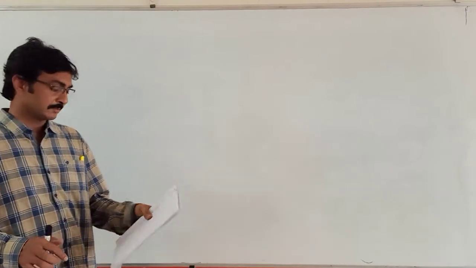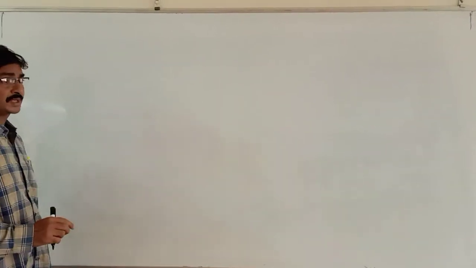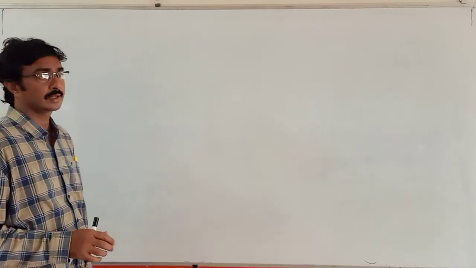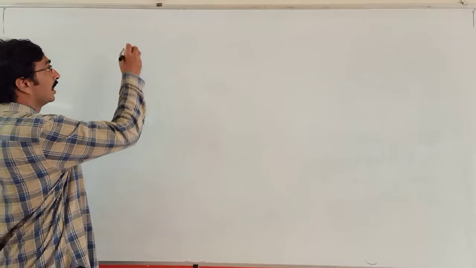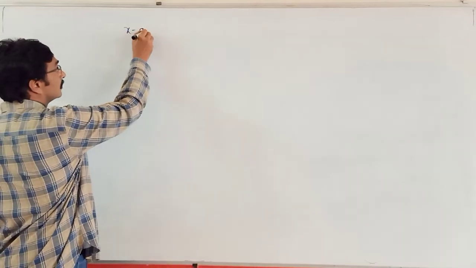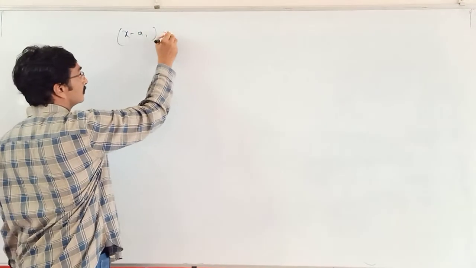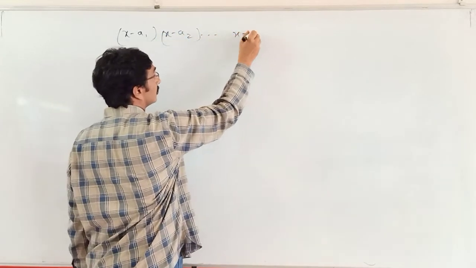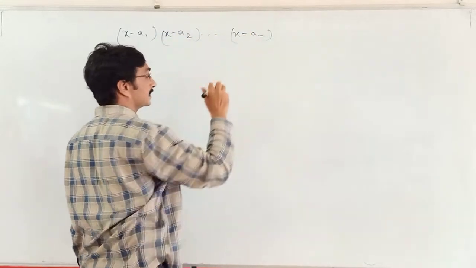See, next concept: the coefficient of the second term and third term in the product of the form (x minus a1) into (x minus a2) and so on, (x minus an).